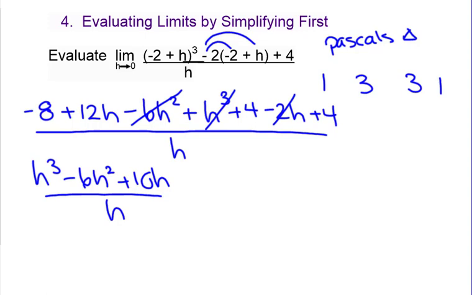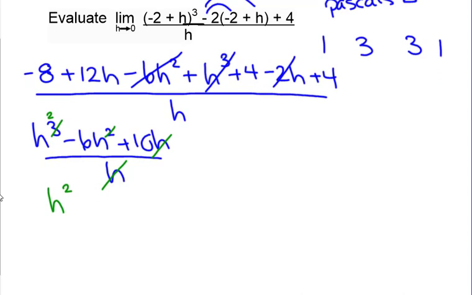Excellent. All over h. Well, looking now, we've got a common factor of h, so we can divide every term by h. And we are left with h squared minus 6h plus 10.